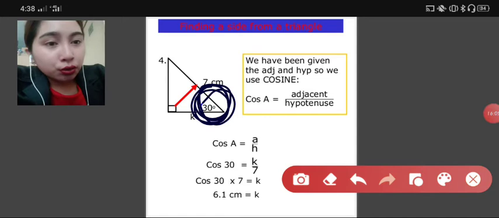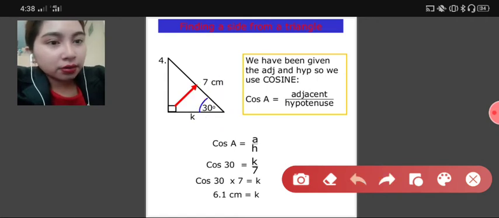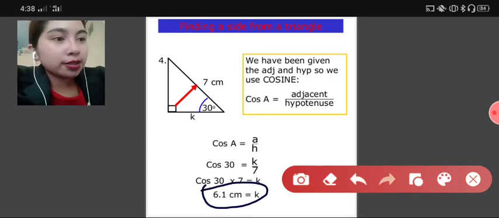So, cosine 30 is equals to k over 7. So, cosine 30 times 7 is equals to 6.1 centimeter. So, may sagot na tayo. Ang k is equals to 6.1 centimeter.